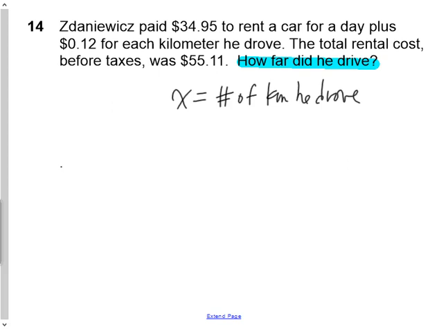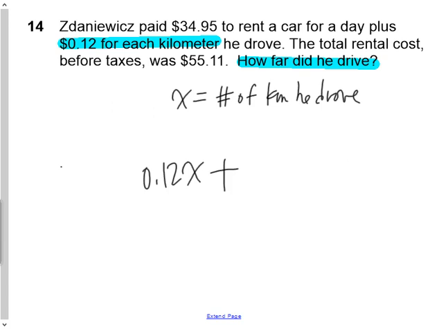So if we go back into my equation, it's 12 cents for every kilometer he drove. And if x represents how many kilometers he drove, then each of those kilometers is going to be multiplied by 12 cents. So the expression 0.12x is going to be the cost per kilometer multiplied by however many kilometers he drove.